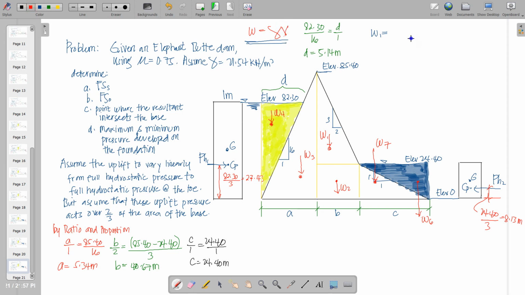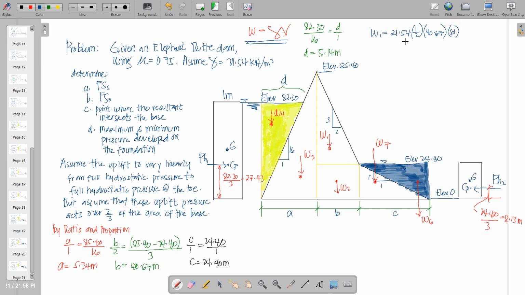Hence, W1 has a gamma of 21.54 kilonewton per cubic meter. And then we are dealing with the triangle here, so we have 1/2. The base is B, 40.67. And the height of W1 is the difference between 85.4 and 24.4, that is equal to 61.